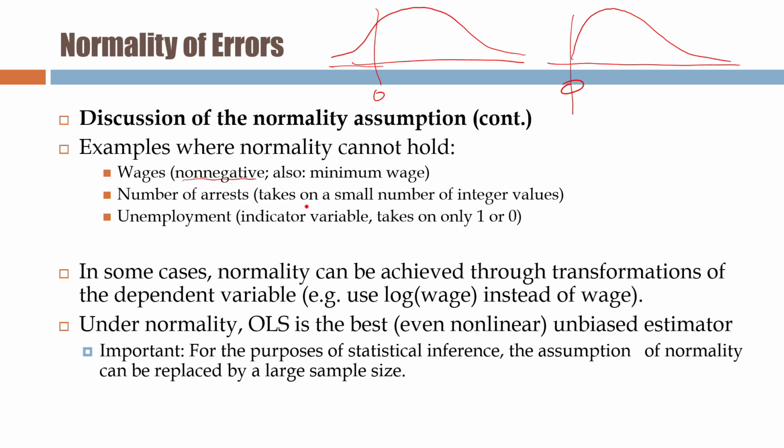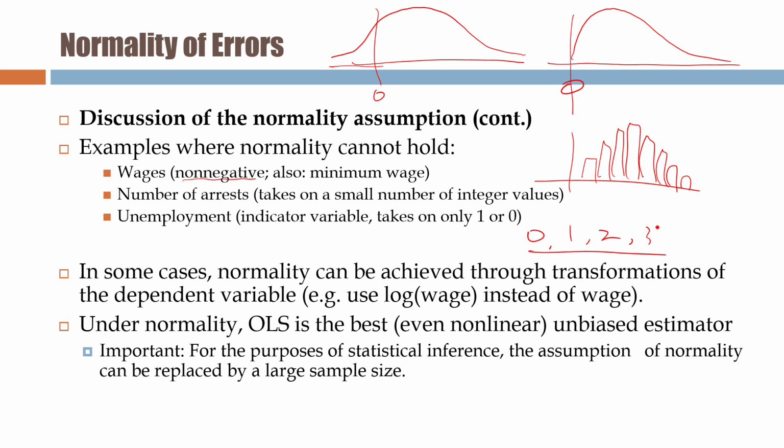Number of arrests takes on a small number of integer values. If the number of arrests is like 75, 125, a big number, then you can assume this bar chart can be similar to the normal, right? However, when the number of arrests is just 1, 2, 3, 0, it will not get close to the normal.